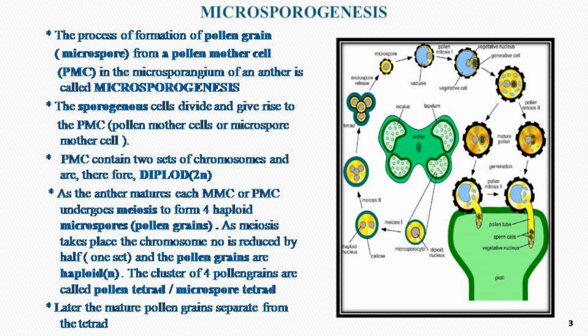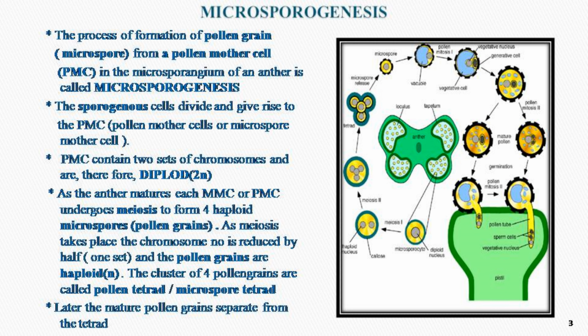As meiosis, the reduction division, takes place, the chromosome number is reduced by half. It is already in 2 sets, and now it is reduced to 1 set, and the pollen grains are haploid in nature.